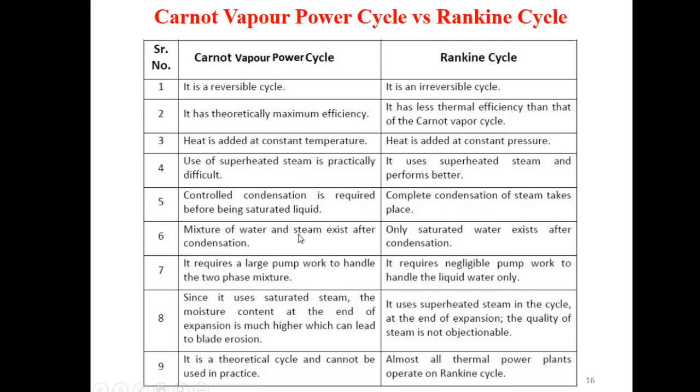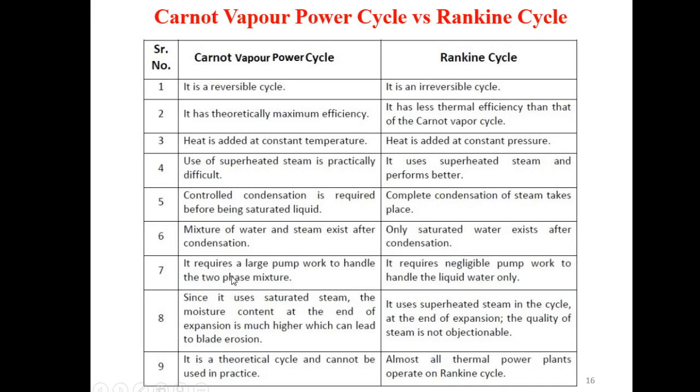In Carnot cycle, mixture of water and steam exists after condensation, that is point 3. Only saturated water exists after condensation in Rankine cycle, that is point 3, leaving the condenser.